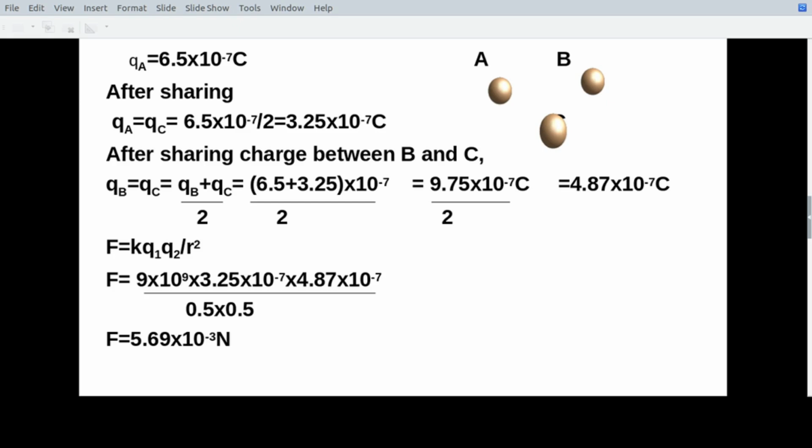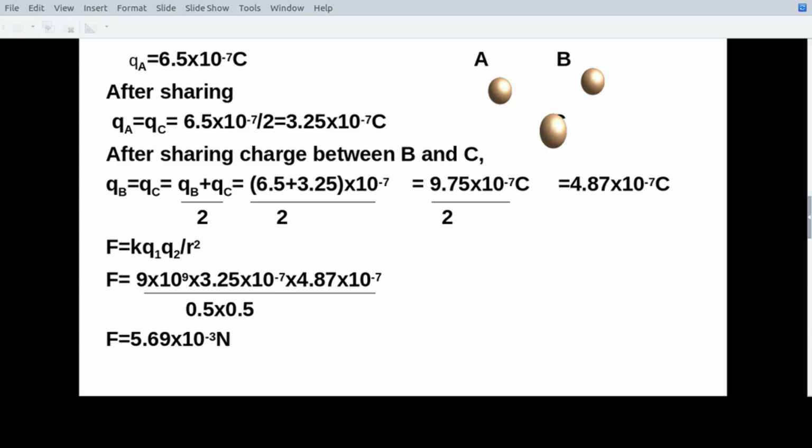B has some charge, C also has some charge. So, when they are brought in contact with each other, the sum of these two charges will be equally shared. So, you have to find out QB plus QC divided by 2. You will get (6.5 plus 3.25) into 10 raised to minus 7 all divided by 2. You will get 4.87 into 10 raised to minus 7 coulomb.